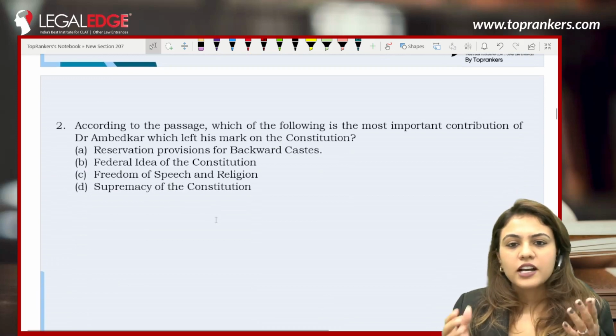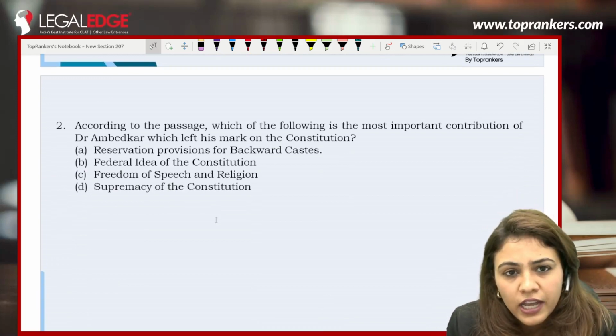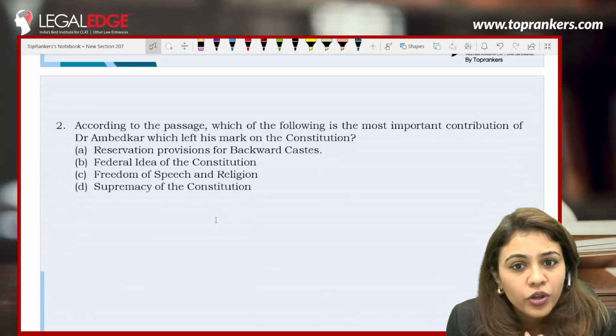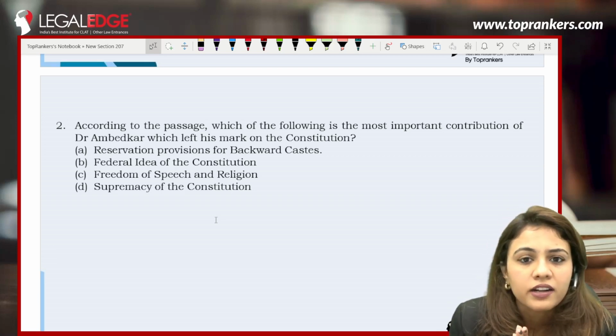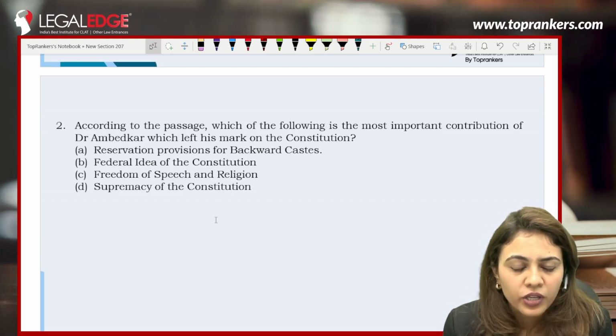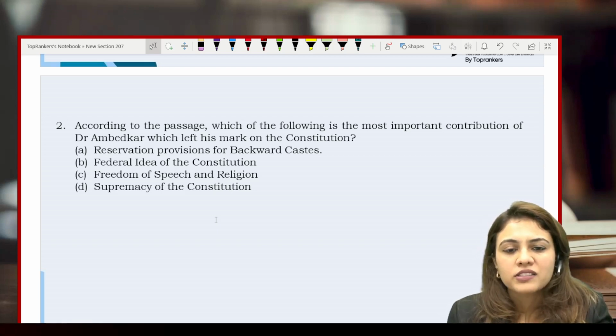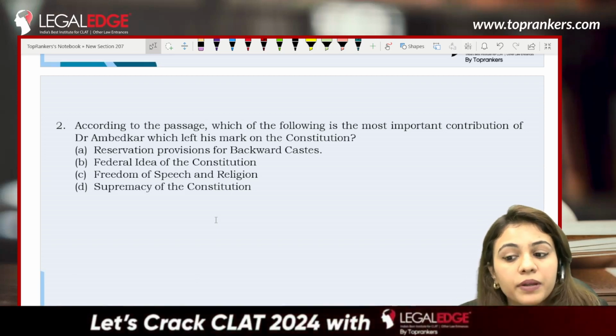The next one is, according to the passage, which of the following can be the most important contribution? Generally, अगर कोई भी बी आर अम्बेडकर का नाम सुनता है तो लोग सोचते हैं कि इस पर्टिकुलर आर्टिकल में बैकवर्ड कास्ट या बैकवर्ड क्लासेस के बारे में जरूर बात हुई होगी. But when you actually read this passage you get to know that कहीं भी बैकवर्ड कास्ट या बैकवर्ड क्लासेस की बात यहाँ पे नहीं होती है.